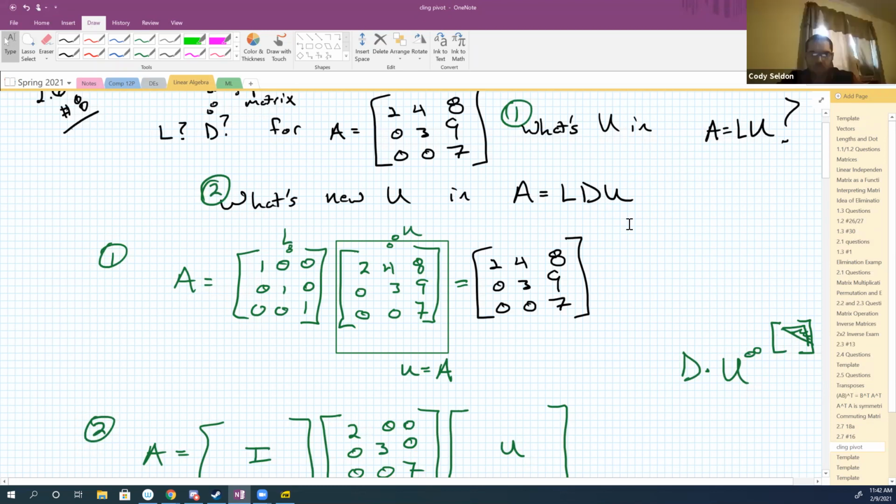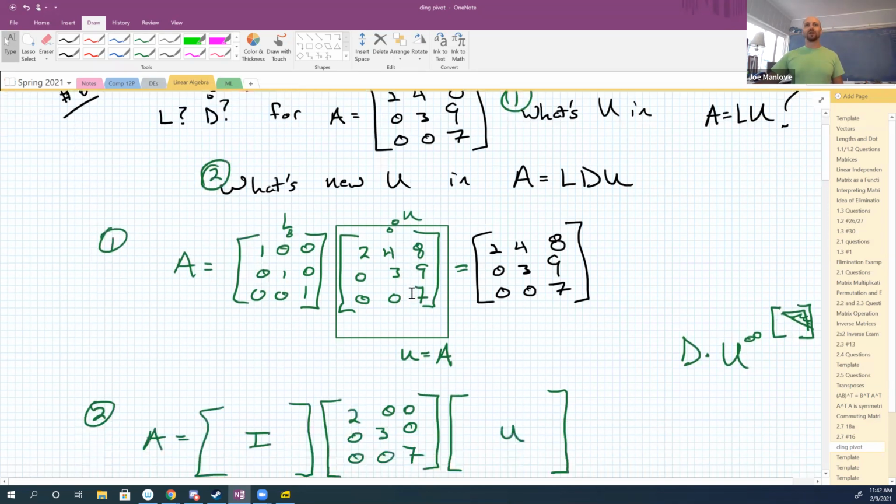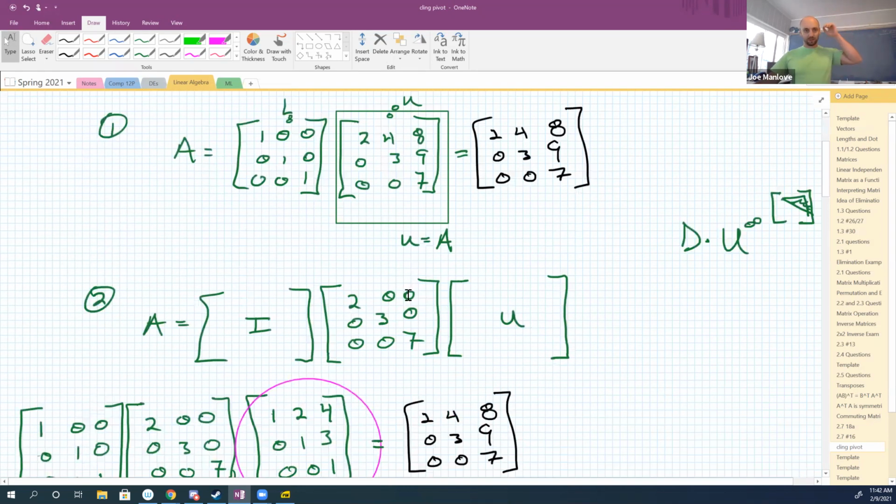If D was just the identity matrix. Good. If D was the identity matrix, and remember D is the pivots, so if the matrix had pivots that were all ones, then I would expect the two U's to be the same. Does that kind of make sense? Okay, cool. Hearing no objection. Anything else on this set of topics here?